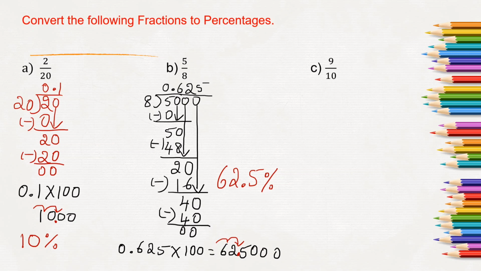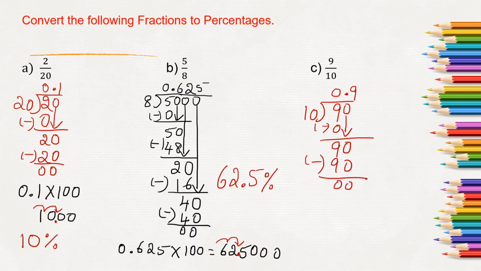Look at the third question. Here 9 by 10. So we have to divide 9 by 10. Again 0 and then write 0. 9 minus 0 is 9 itself. Place the decimal point and then 0, bring down the 0, then 10 9 times will be 90. We got the remainder as 0 and the result as 0.9.